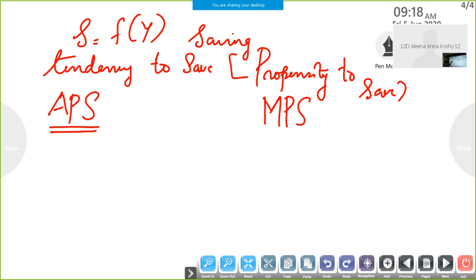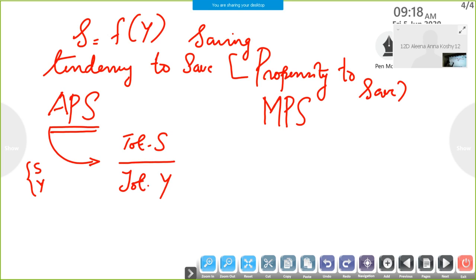Both the terms indicate saving and income.